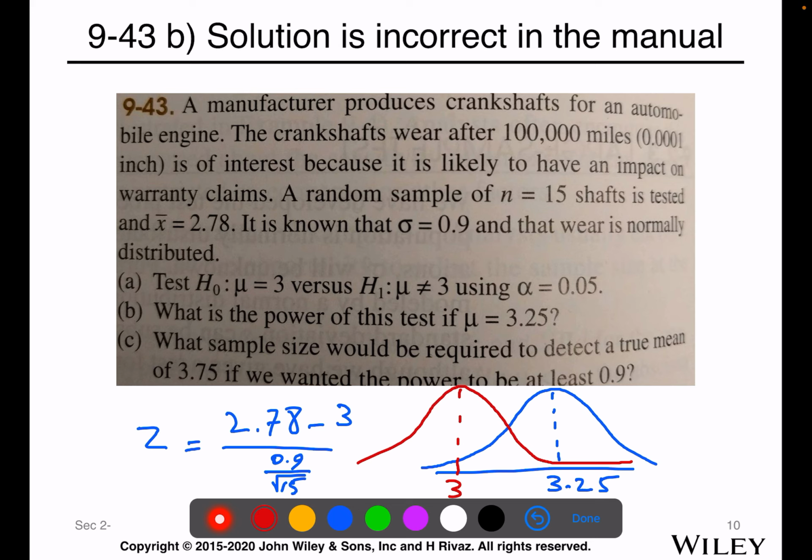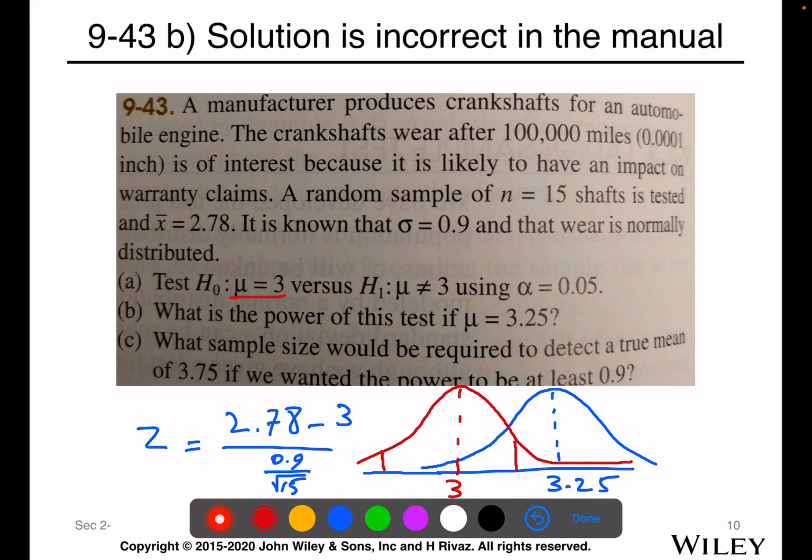From the table, to find beta, we have to find the acceptance range first. So let's say that this is the acceptance range. We find that from the red curve, so it's something around 3 plus and minus something. Remember in the previous case, we said mu is equal to 3 versus mu unequal to 3.